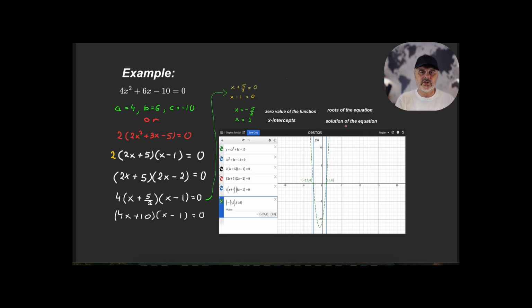If you talk in geometry, then you're referring to x-intercepts and zero values. If you're talking about functions or equations, then you have those other names that are describing the same result, the same goal. Every time you solve an equation of quadratic nature, maybe linear, any equation that you can solve, please verify this graphically.